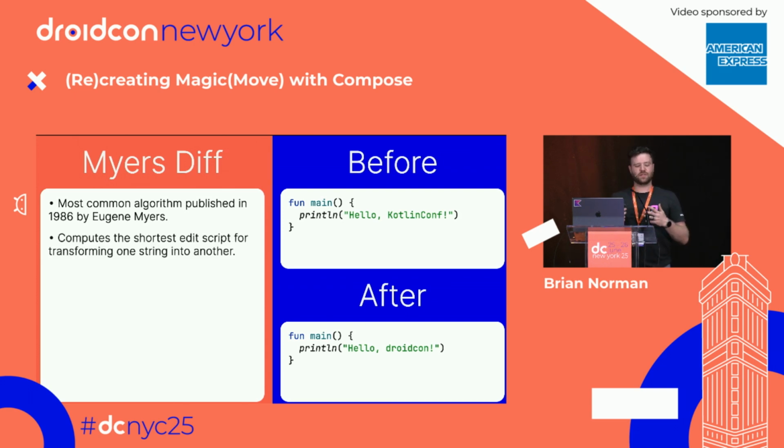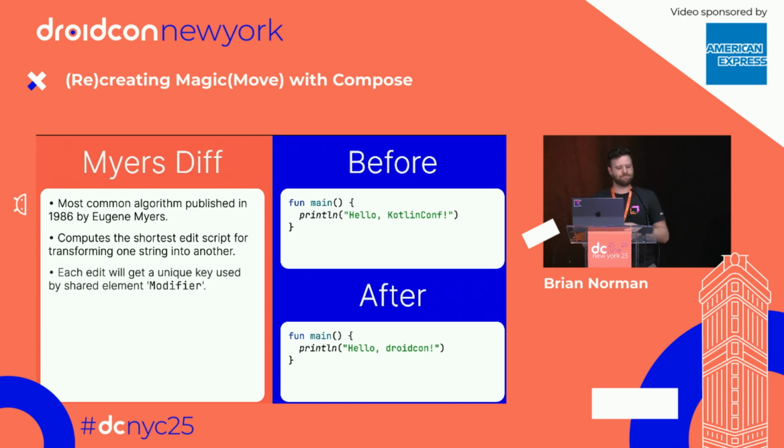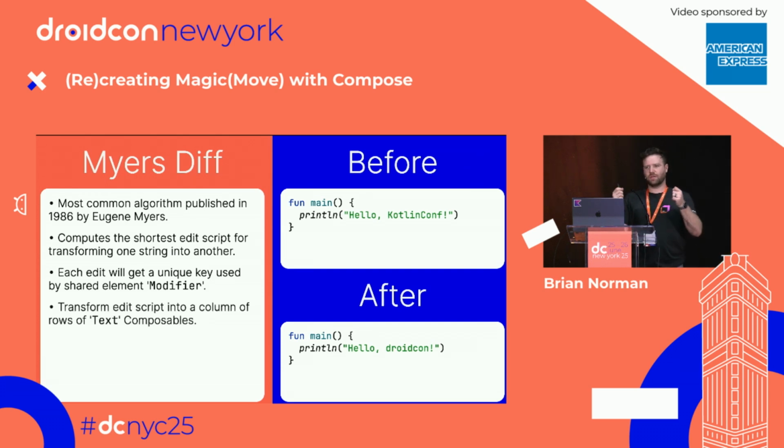It helps you find the shortest edit script for transforming one string into another. We could take each of these edits, whether it be matching text, adding text, or removing text, and convert that into some shared element modifier as needed. And then we could lay out all of those elements as text elements that are in a column of rows, right? Redo text ourselves manually.